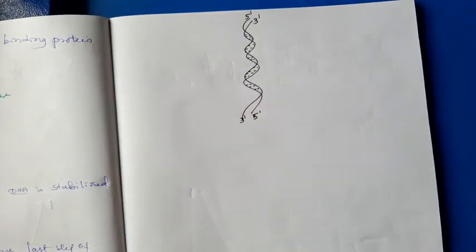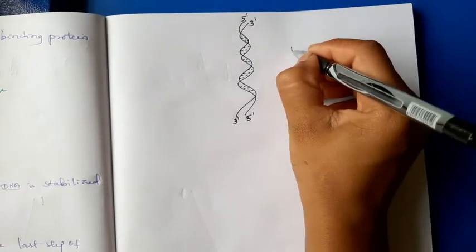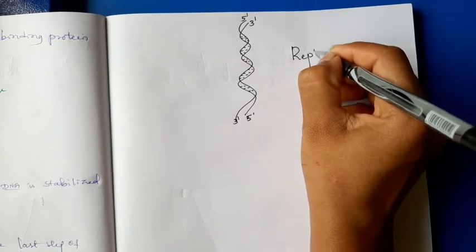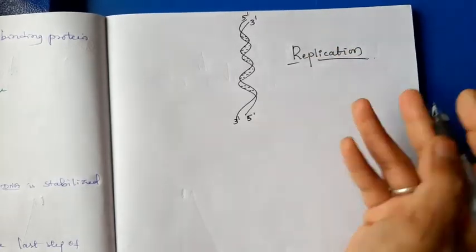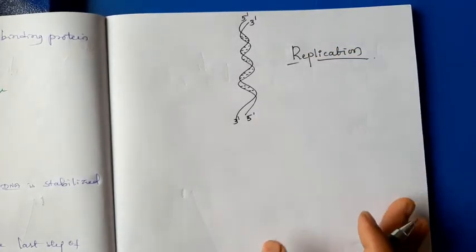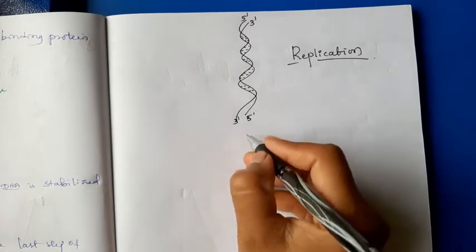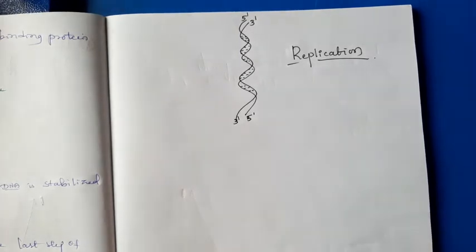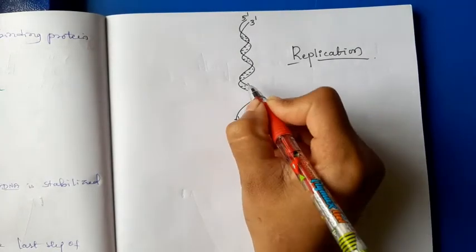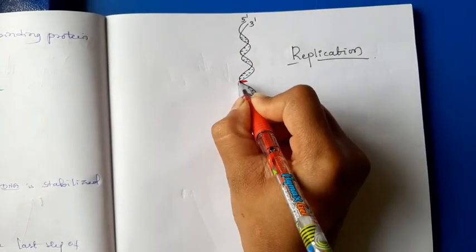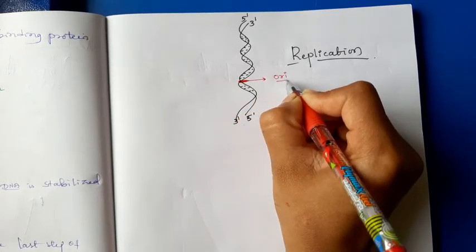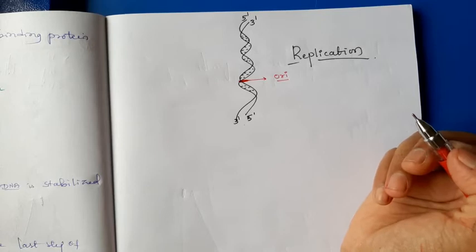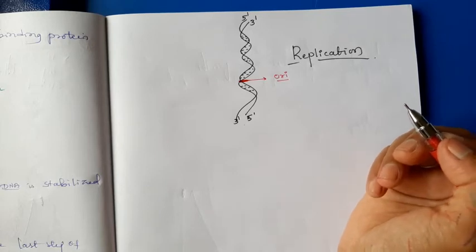Then, during the replication, let me write this one. Otherwise some students will get confused about what madam is going to explain now. During this process there are some points present on the DNA, known as ORI sites, or the origin of replication sites, or replication origins.